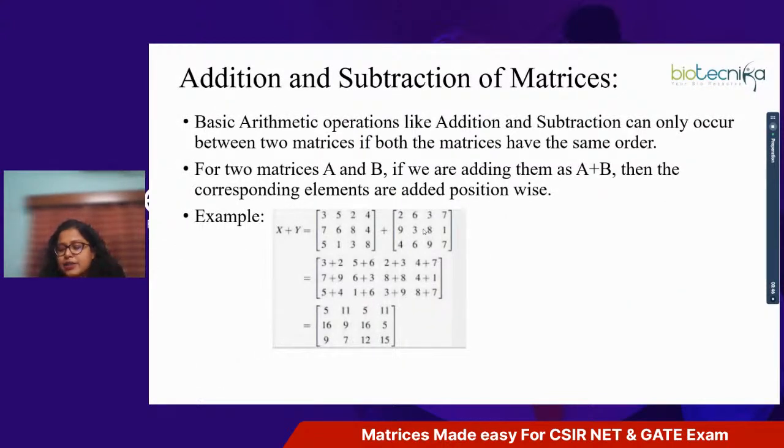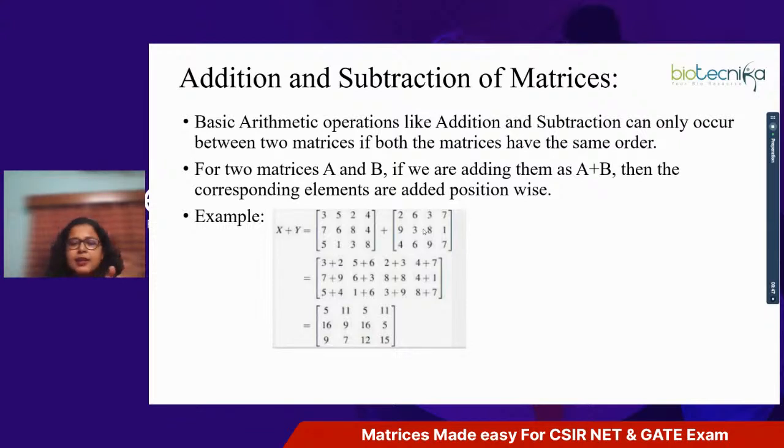Addition and subtraction of matrices is quite an easy thing. Only two matrices of the same order can be added or subtracted, because if two matrices do not have the same order, then we cannot do the addition and subtraction.